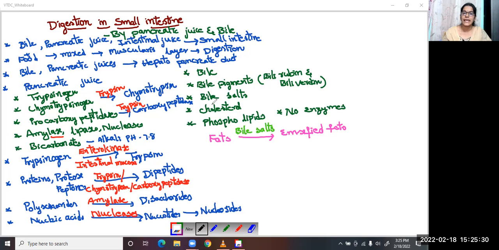And this bile also activates the pancreatic lipases to act upon the emulsified fats. So these emulsified fats convert into diglycerides and then to monoglycerides.